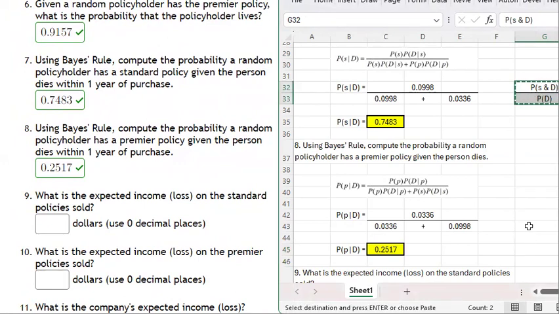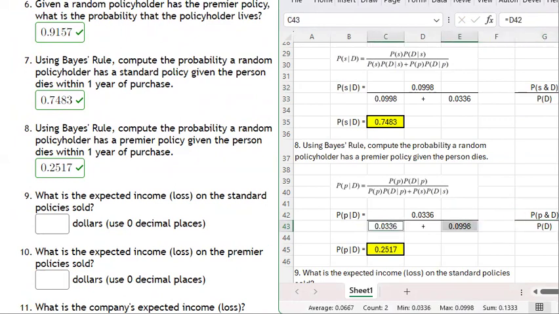I'm going to pull this down and put it here. Okay, so this is P given D. So what we do here is we replace the S with P, right? So the sum of these two must be the probability of death. And again, that's the case, right? See that? 0.1333. All we did is we commuted the two. We used the commutative property of addition and just swapped them. So again, that's the probability of death.